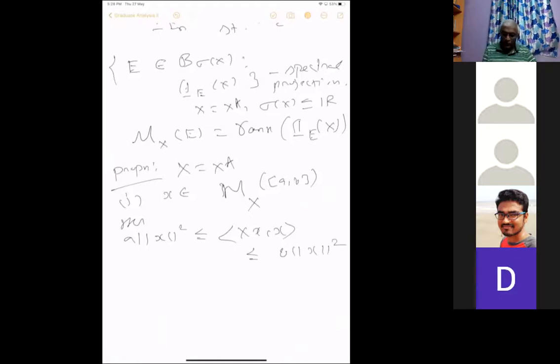Okay. We have proved it. This just follows from the property of the indicator function.